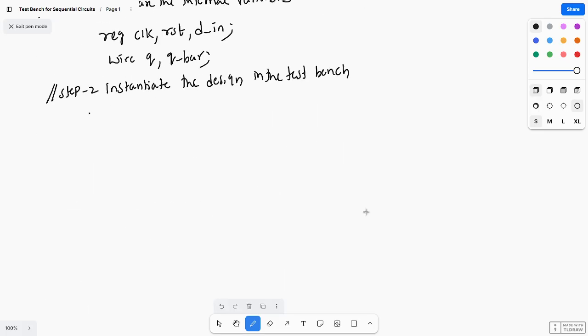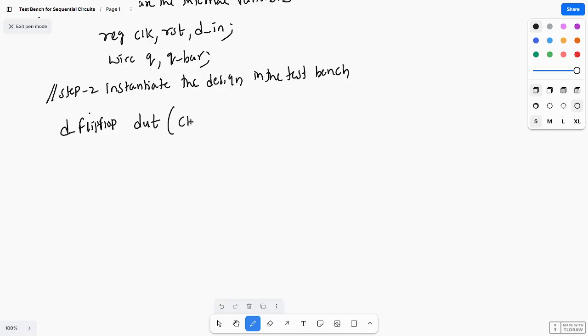Design name followed by instance name. So D underscore flip flop, and my instance name is DUT, and I'm using connection by order, that is connection by position with order list.